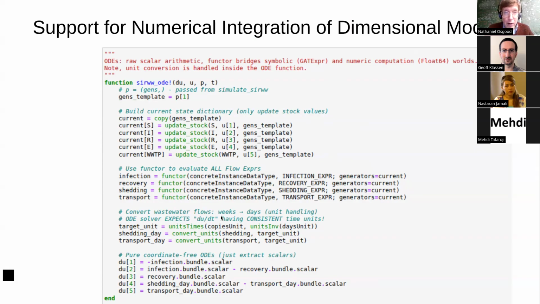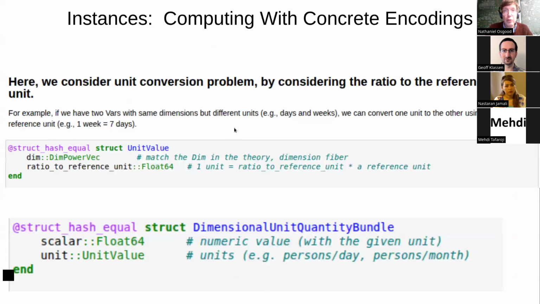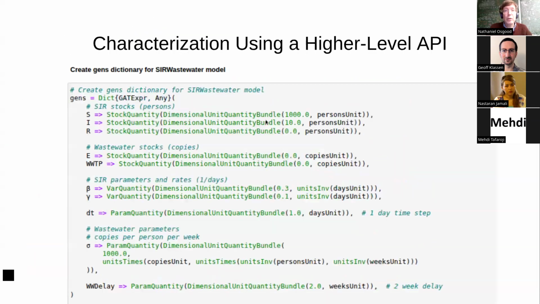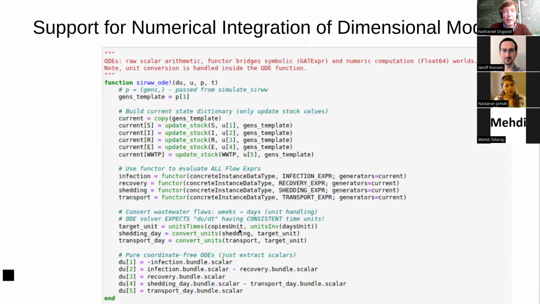And notice she has to convert the wastewater flows. Remember, those were measured in weeks. She converts them to appropriate day-based values, right? Convert units here, and that uses that ratio information.